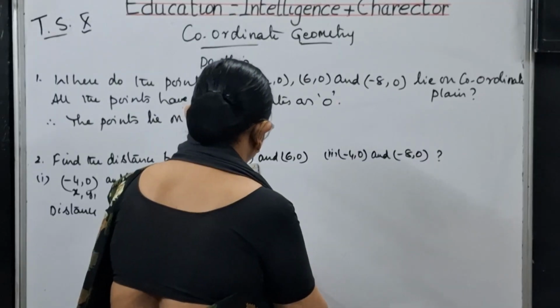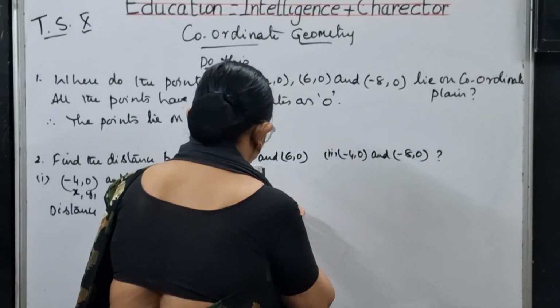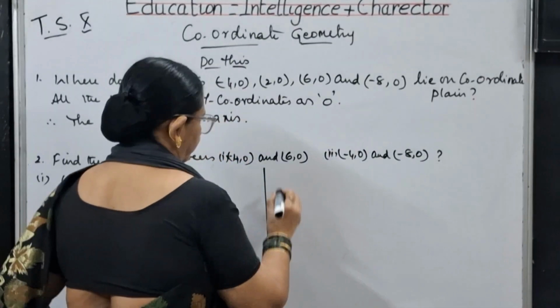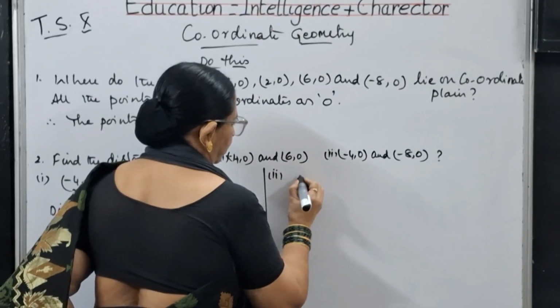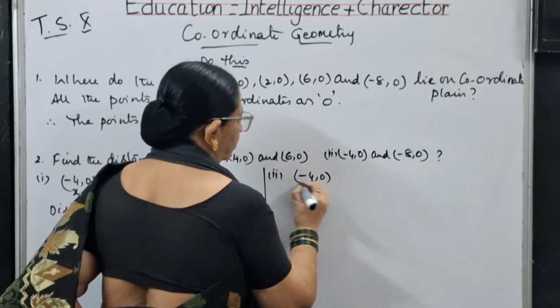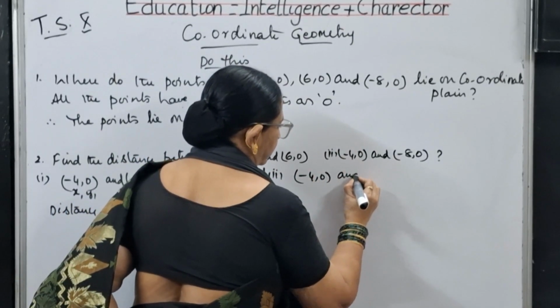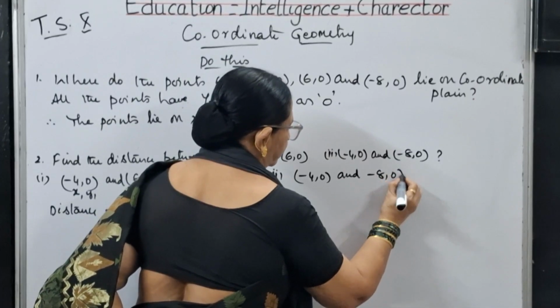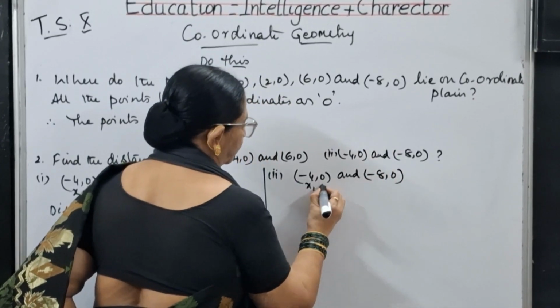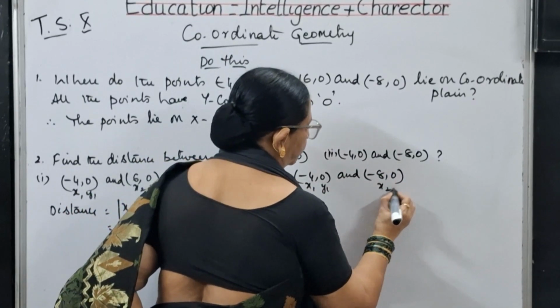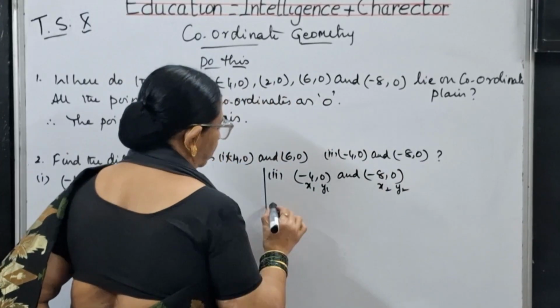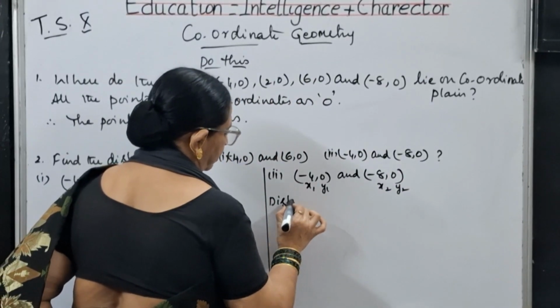So let us see the second bit. Minus 4 comma 0 and minus 8 comma 0. So this is x1, y1, x2, y2. So what is the distance formula?